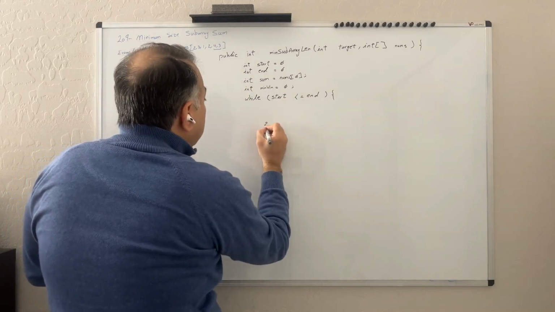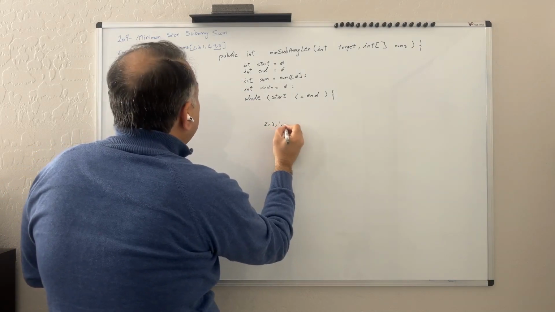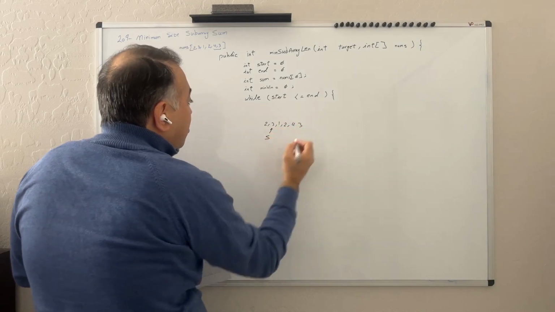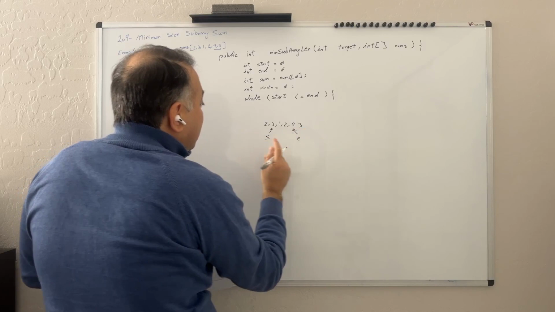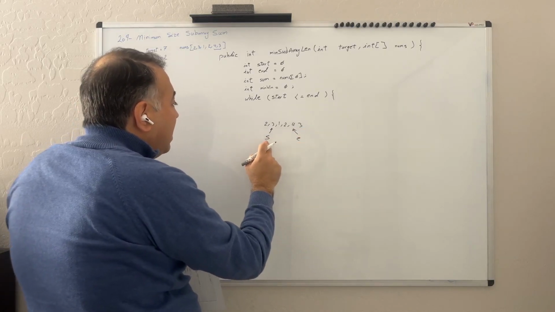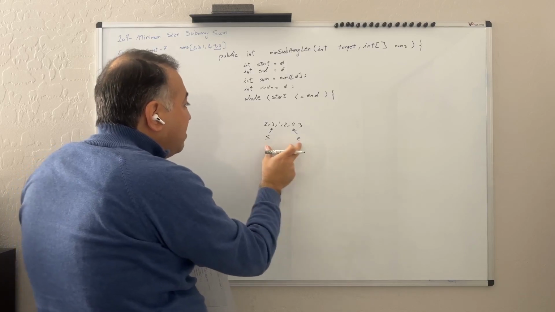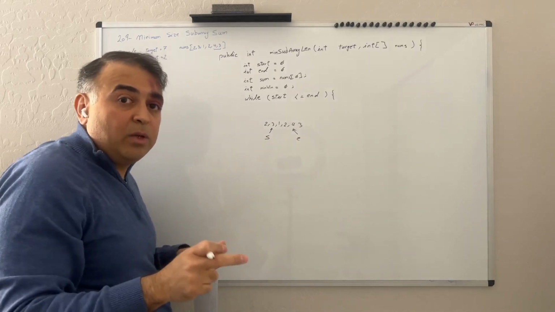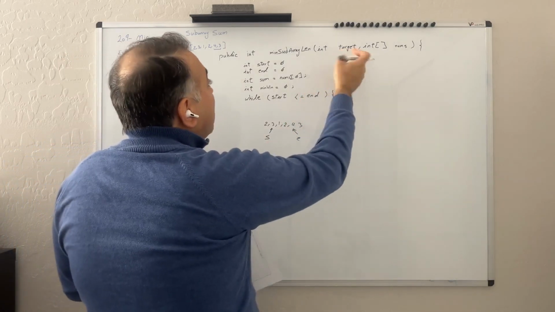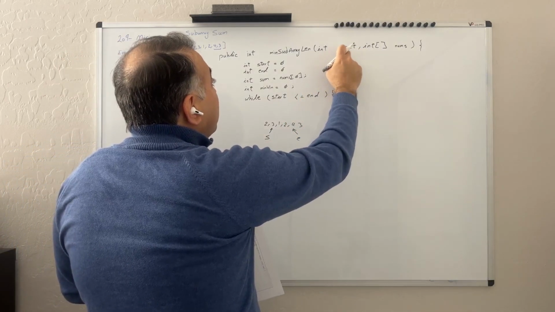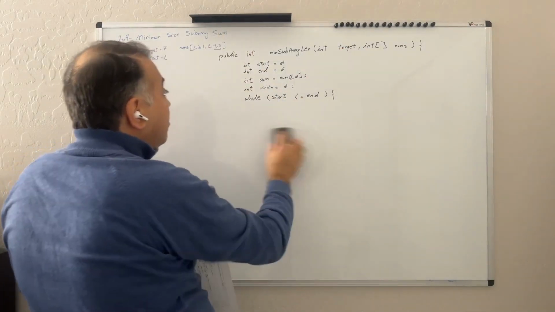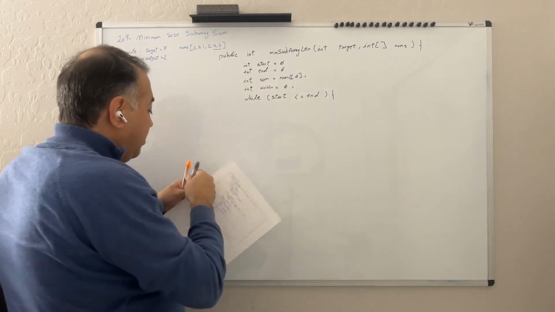As I show you here, think that this is the start pointer and this is the end pointer. A start pointer should never pass the end pointer. If the start pointer passes the end pointer, it means that we couldn't find any window that matches the criteria, and it will not be equal to or greater than the target that we have. And that's the reason that I put this criterion here.